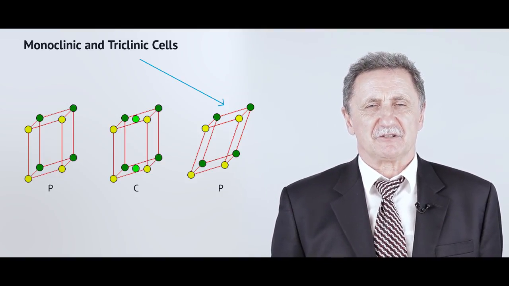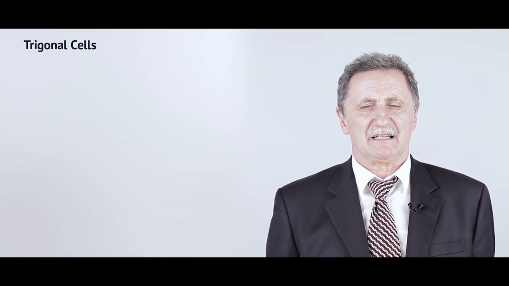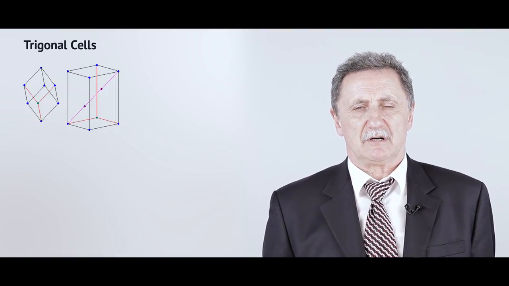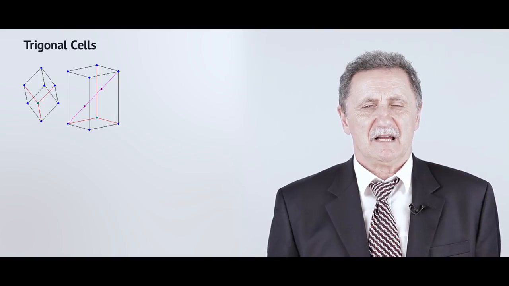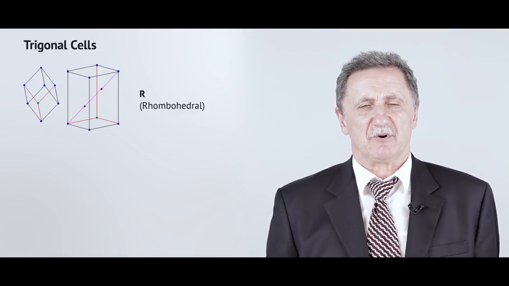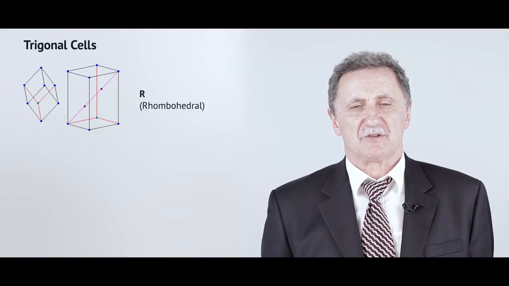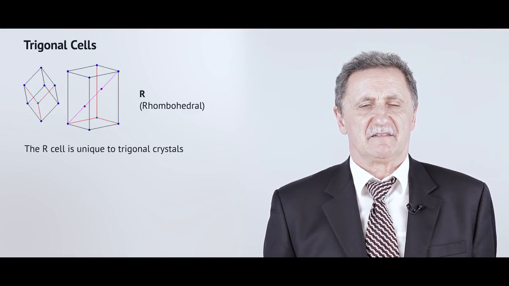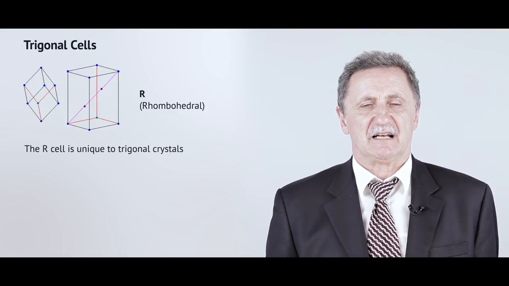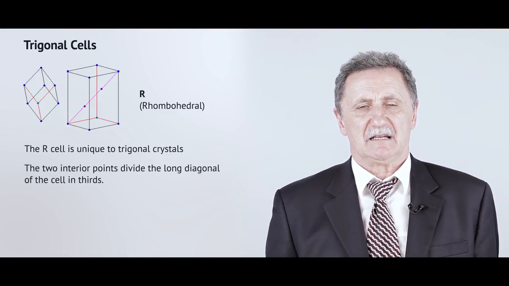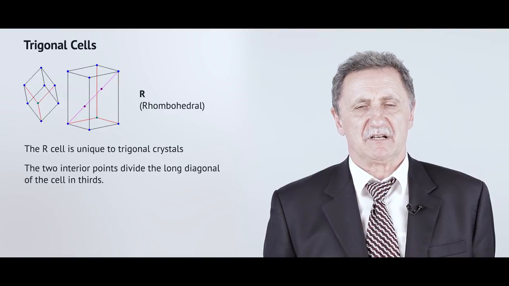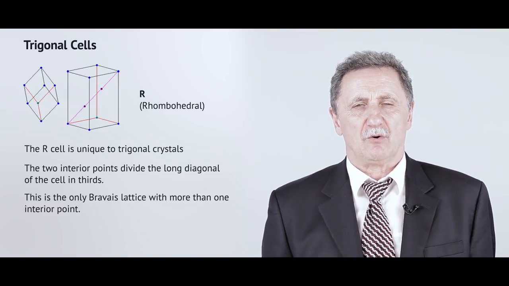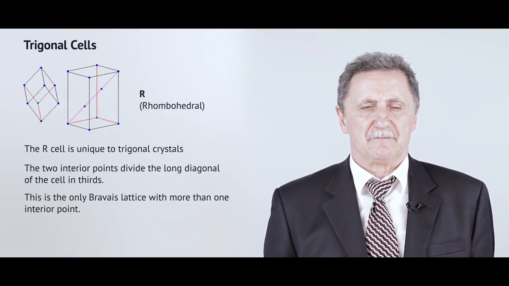A very special trigonal cell should be outlined here, which belongs to the rhombohedral crystal system, and in this case it is unique in that not one but 2 interior points divide the long diagonal of the cell in thirds. This is a very special and unique Bravais lattice, which belongs only to the trigonal cell.